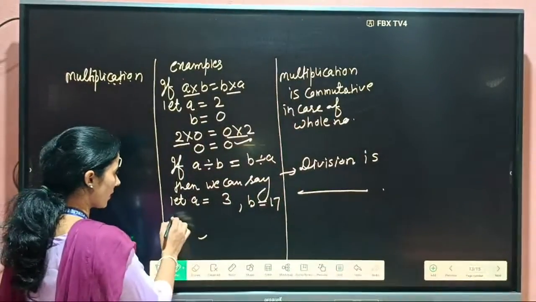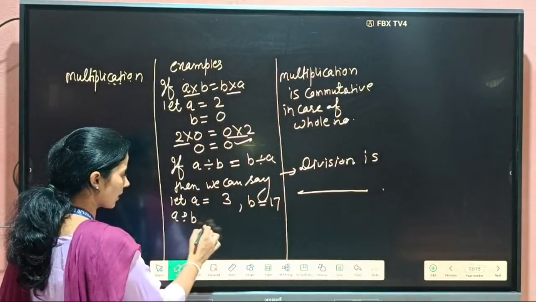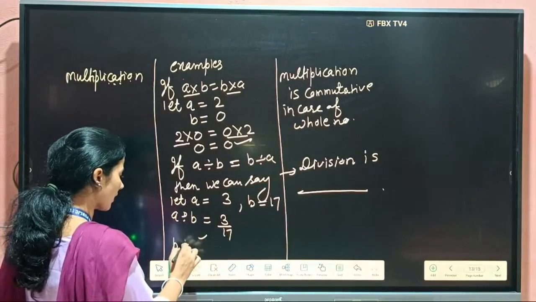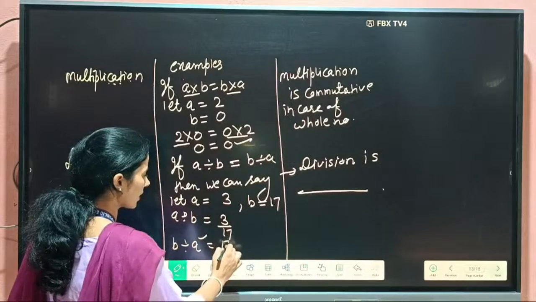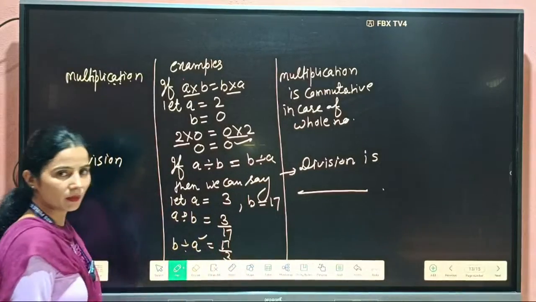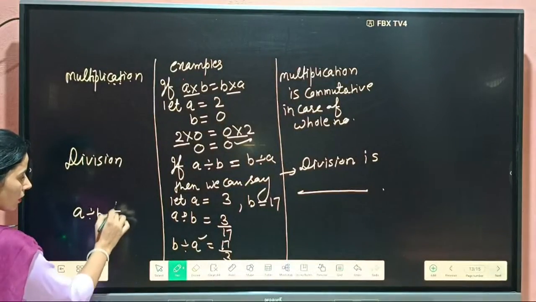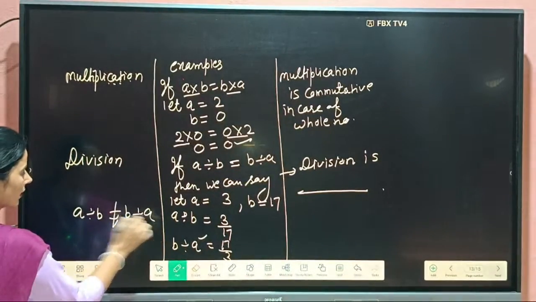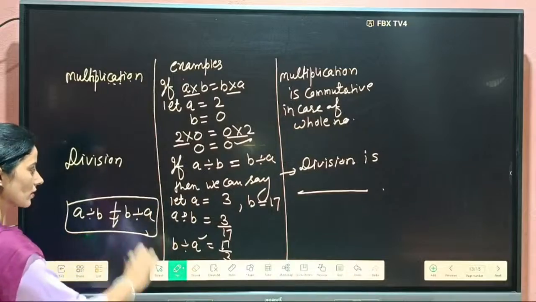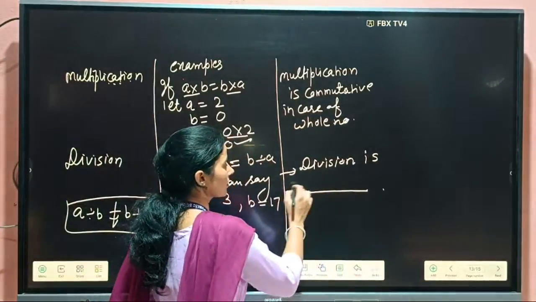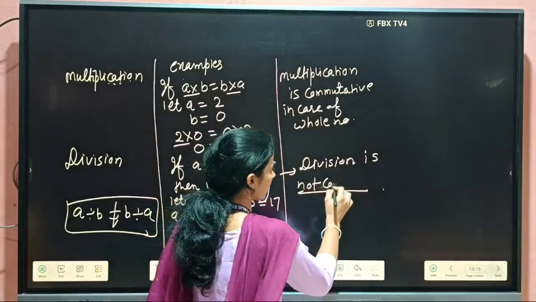Let us divide A by B: this is 3 by 17, and B divided by A is 17 by 3. Clearly, A divided by B is not equal to B divided by A. So we can say division is not commutative.